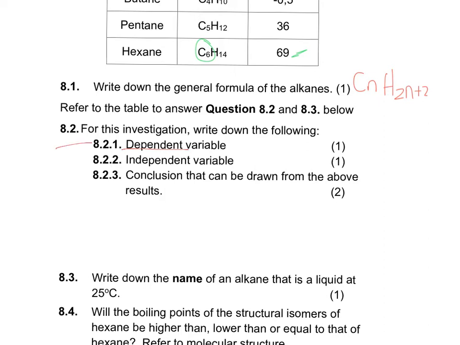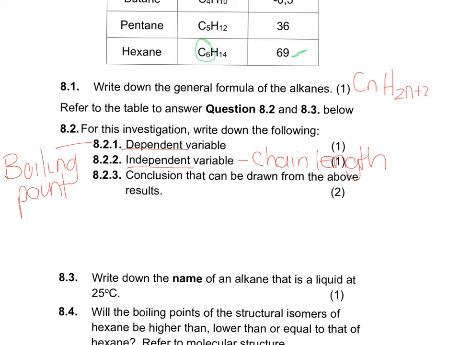In this case, the dependent variable is the boiling point. It's what we measured every single time. The independent variable is what we had control over, and it's what we changed. In this case, it's the chain length. You can describe this as number of carbons in the chain, molecular mass, or molecular size, but it's chain length.